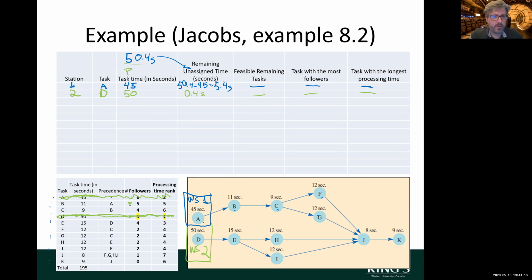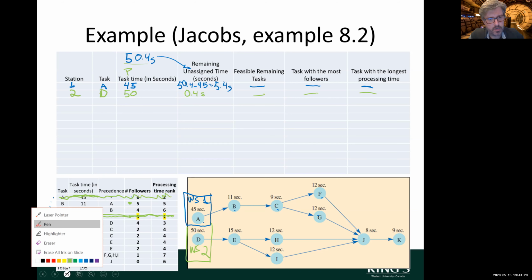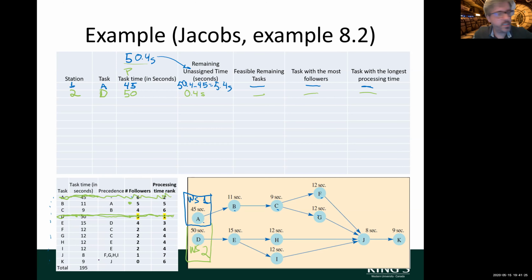So I'm going to start workstation number 3, picking a different color. Okay, so workstation number 3. Excellent. And workstation number 3 starts with task B. Task B, this one over here, is really, really short, very fast, 9 seconds only.